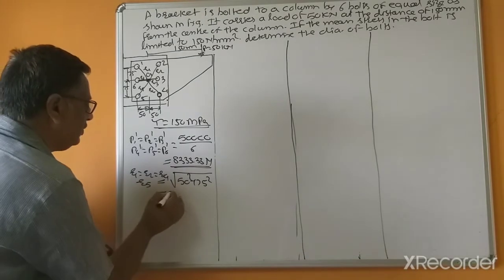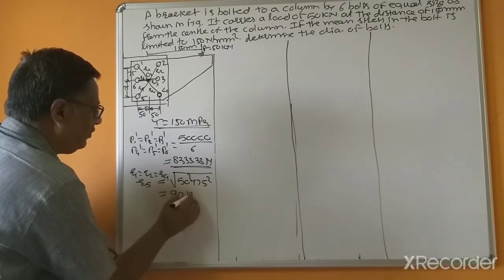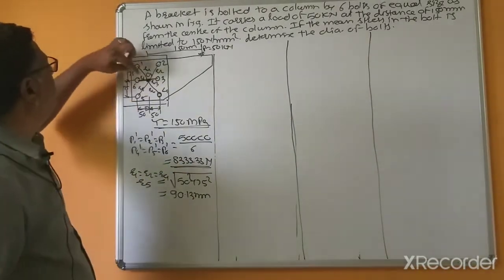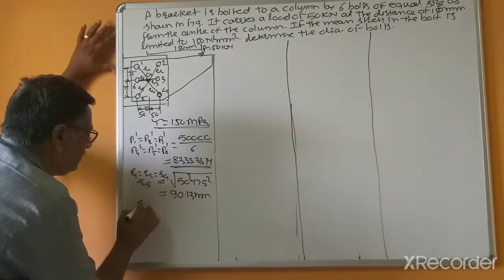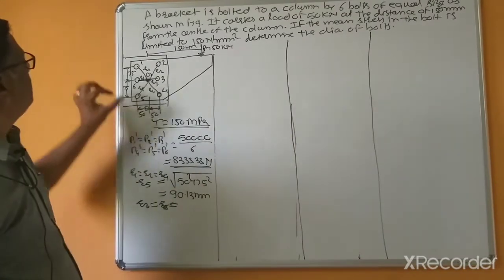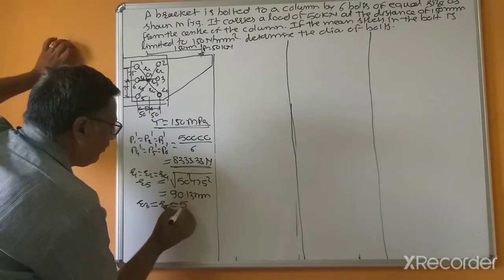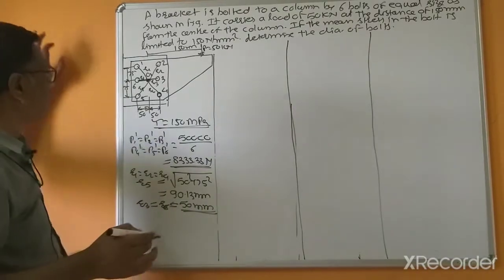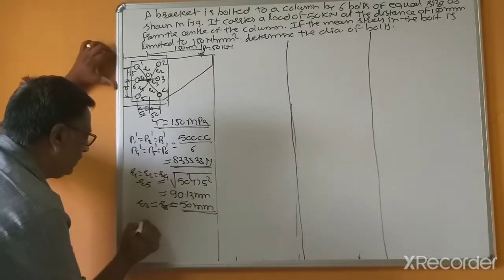And this is equal to 90.13 mm. And R3 equal to R6 equal to, this is total, means this is 50 mm. This is clear?